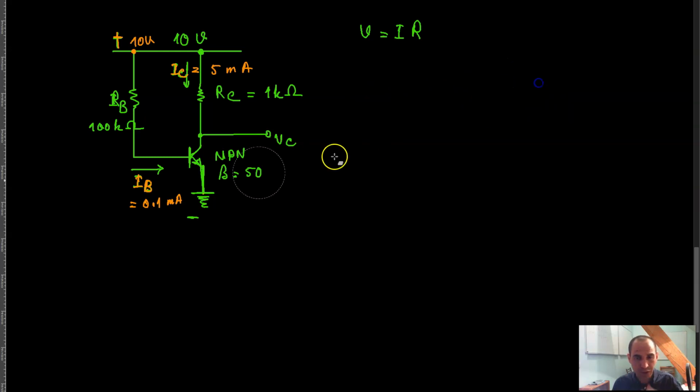But what I can do is calculate the voltage drop across this resistor, or V of R of C. I know that the current going through that is 5 milliamps, 5 times 10 raised to the power negative 3 amps, times R, which is 1 kilo ohm, which is 10 raised to the power 3 ohm.